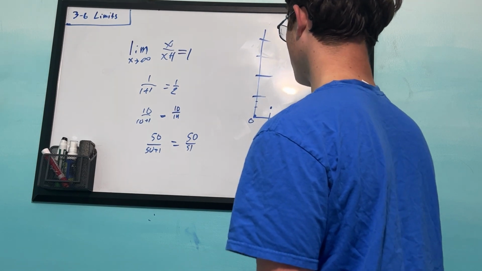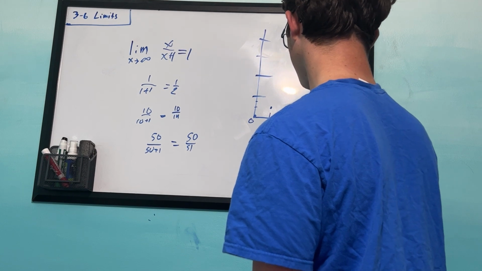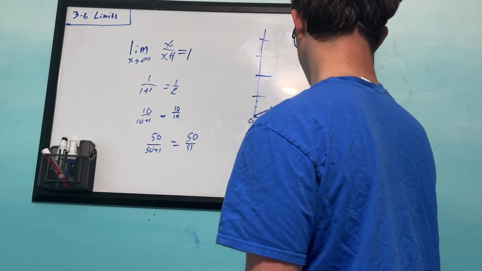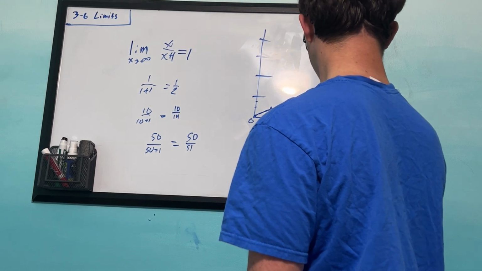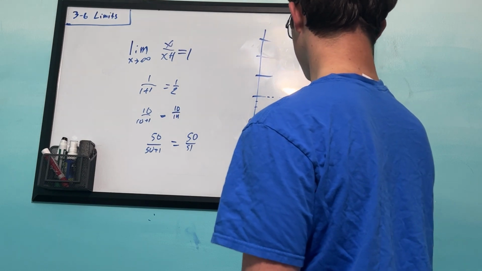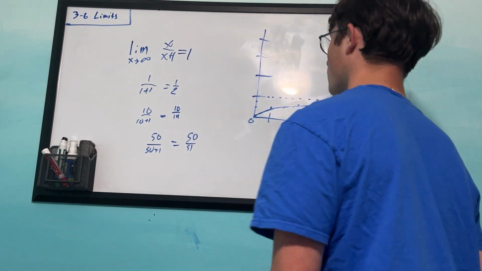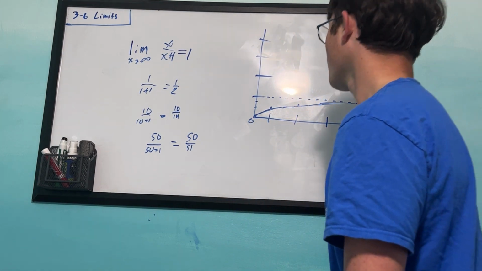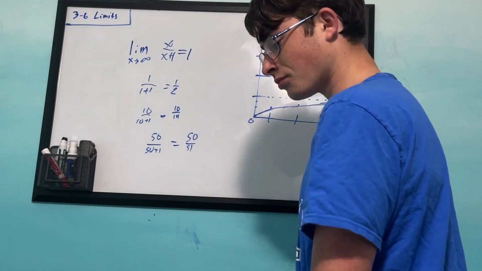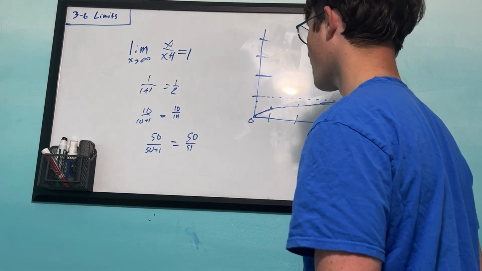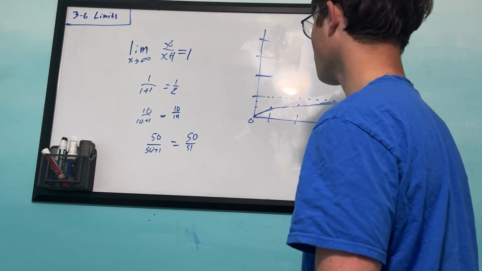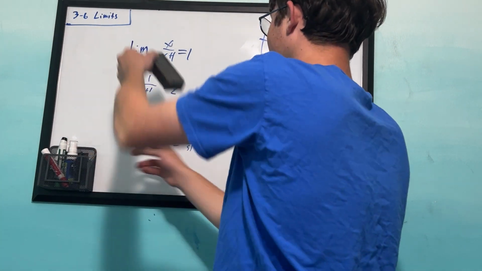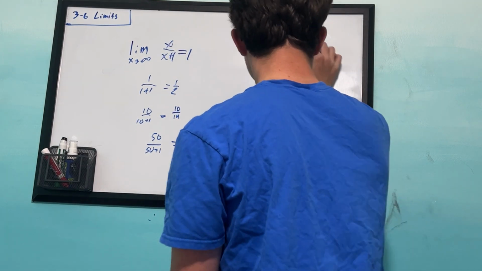At x equals 2, we have 2/3. At x equals 3, we have 3/4, and so on. And you'll notice we're approaching this horizontal asymptote at y equals 1, which indicates to us that the function is going to keep getting closer and closer to 1, but never actually reach it. So that's one way we can determine the limit.